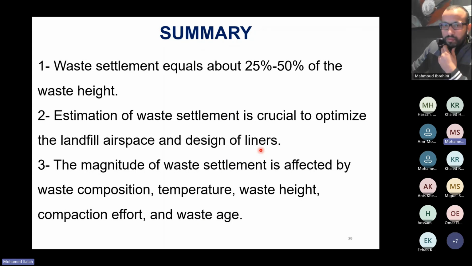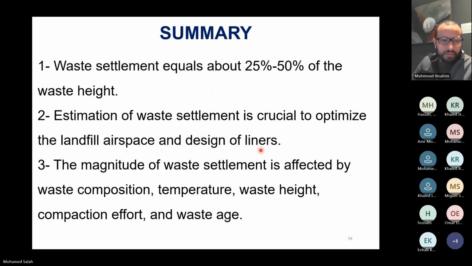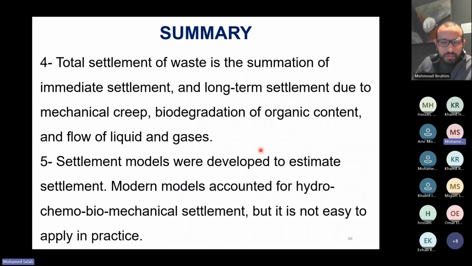The magnitude of waste settlement is affected by various factors: first is the waste composition, then temperature, waste height, compaction effort, and waste age. The total settlement of waste is the summation of immediate settlement and long-term settlement due to mechanical creep, biodegradation of organic content, and flow of liquid and gases.